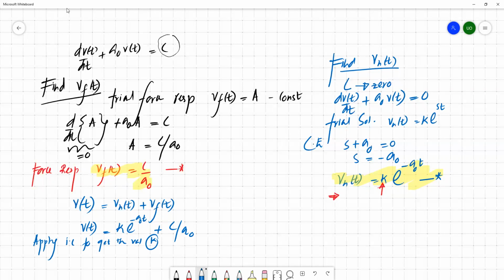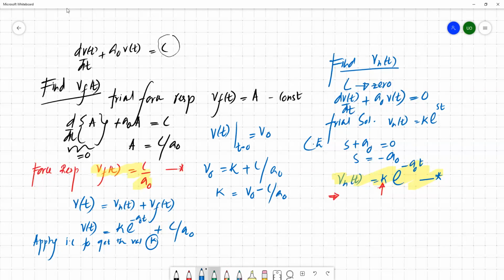Let's assume V(t) at t = 0 equals V0. Then V0 = k + C/a0, so k = V0 - C/a0.